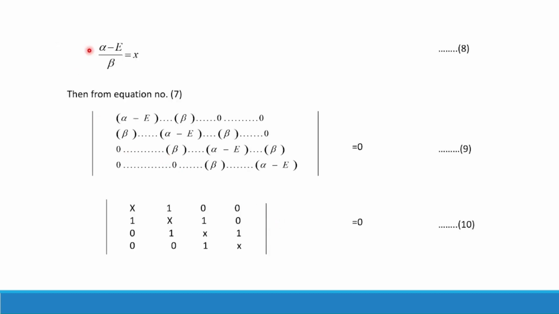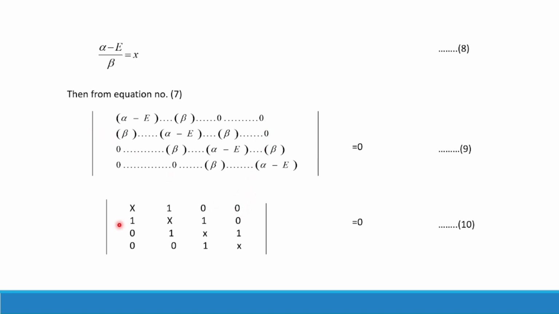If we make an assumption that alpha minus E by beta is equal to X, we can write the value of E from here. So previously, as we have seen in these determinants from equation number 7, if we divide it by beta, what would happen? Alpha minus E by beta would be represented as X, so we have written here X. Then beta by beta is equal to 1, 0 by beta is equal to 0, 0 by beta is equal to 0.